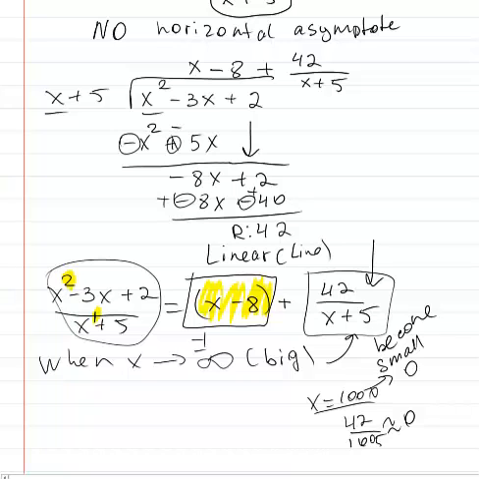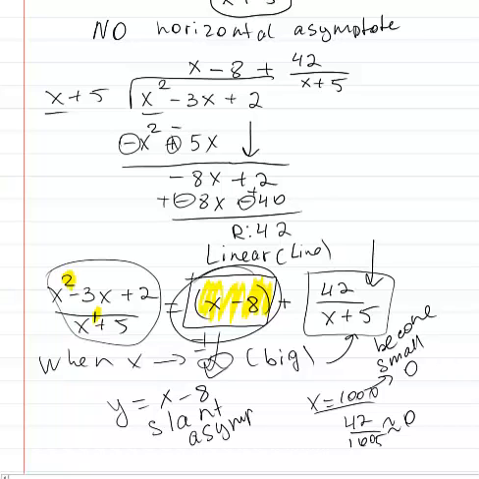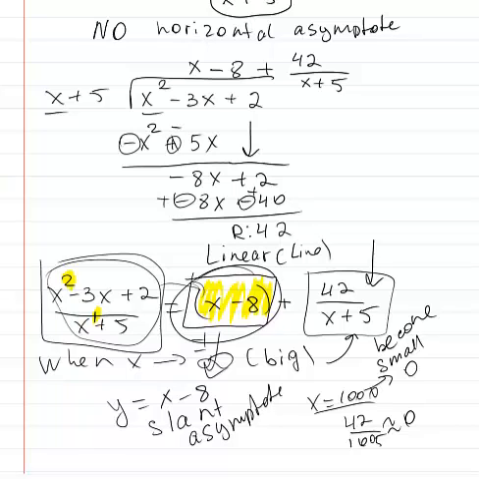This, x minus 8 that I highlighted, we call a slant asymptote. What does that mean? That means when x is becoming very large, this function gets closer and closer to the line x minus 8. Okay? This is how you find the slant asymptote. You just need to long divide, and the answer that you get before the remainder is your slant.